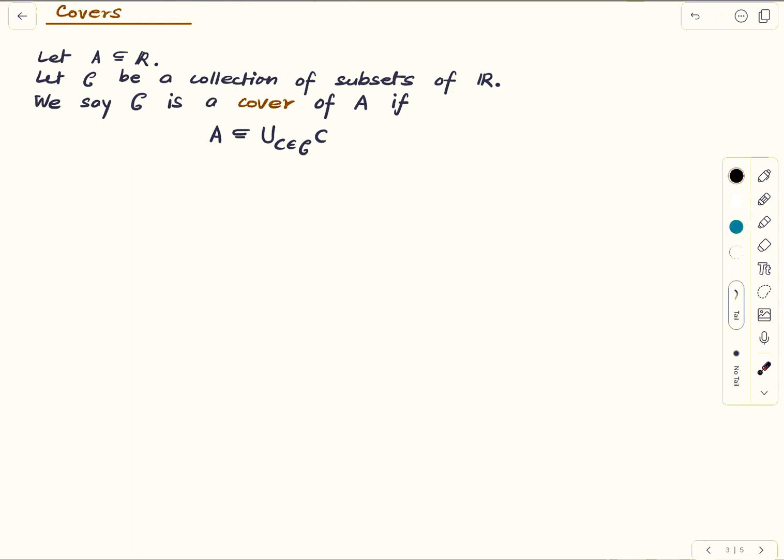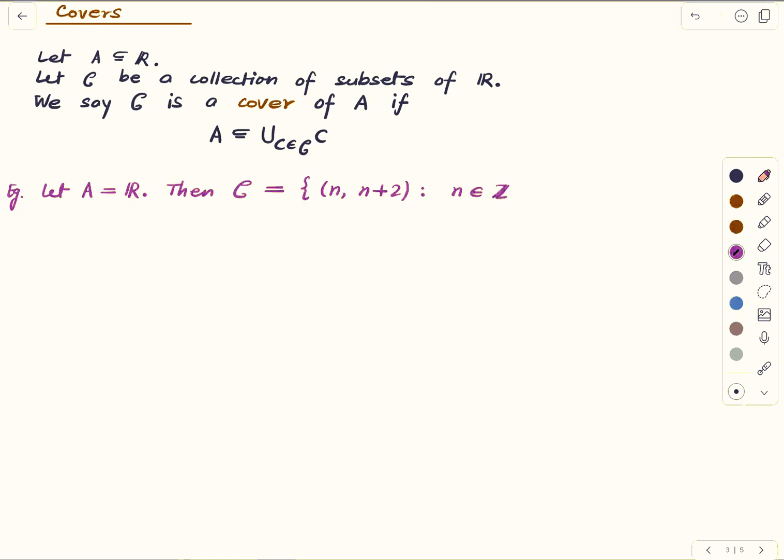Let's see an example. This is a very simple example. Let A be equal to R. So we are taking the entire set of real numbers, and we define fancy C as the collection of all the open intervals of length 2 with the left endpoint varying over the integers.